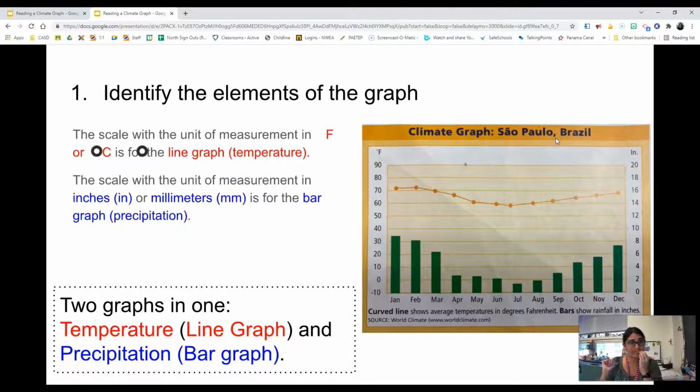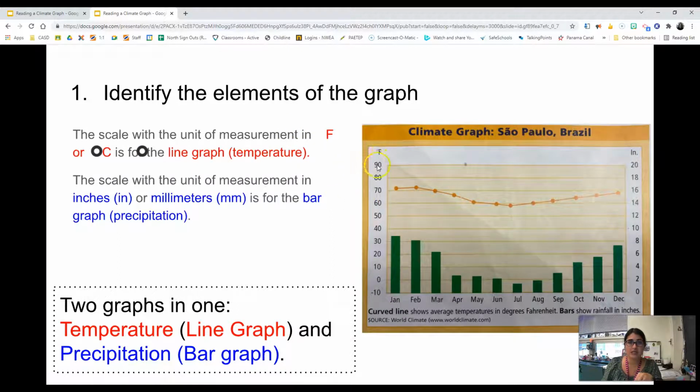That's what we know. The next thing that we need to look at is the different axes and determine what information we can gather from them. The first one says a scale with a unit of measurement of degrees Fahrenheit, and that is the line graph.